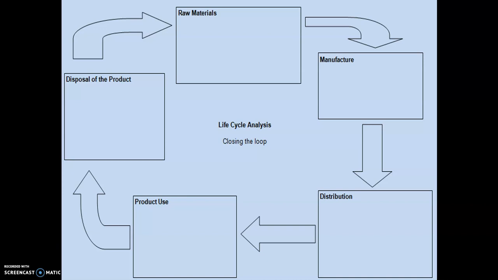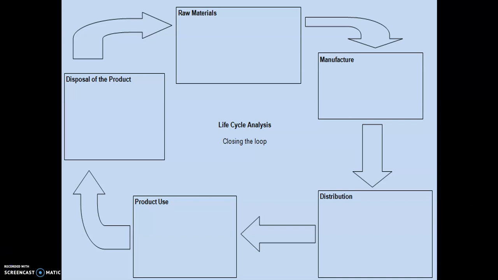Put yourself in the shoes of the manufacturer and the person who's overviewing this. What questions do you need to ask to make sure this product is safe and that it will be environmentally friendly or reduce the impact on the environment as much as possible? So just 2 questions, and then we'll self-assess it and add in any corrections in about 8 minutes. So give yourself 8 minutes for this. 8 minutes, go.